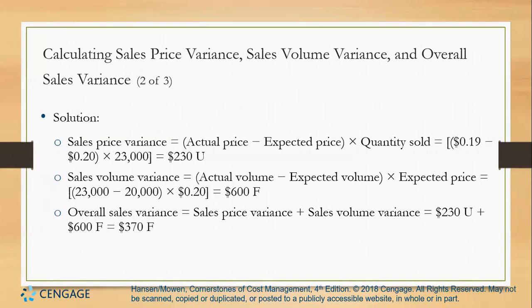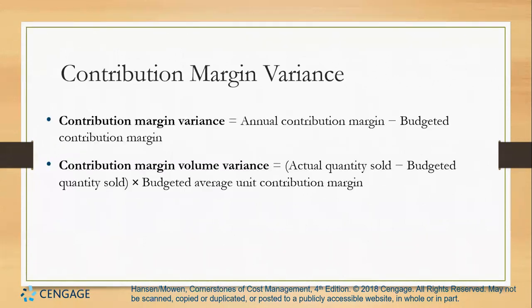To repeat, 230 unfavorable, 600 favorable, so the net is 370 favorable. I hope you are following.